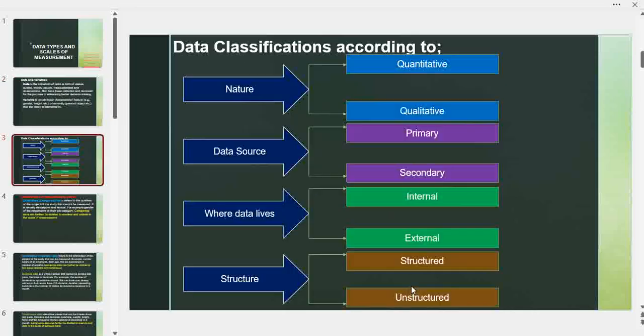All right? So, data classification. We classify data according to the nature, according to the data source, where data lives, and the structure of the data. We have quantitative and qualitative data. Quantitative data is data that has been measured, for example age, height, and weight. These are quantitative data.